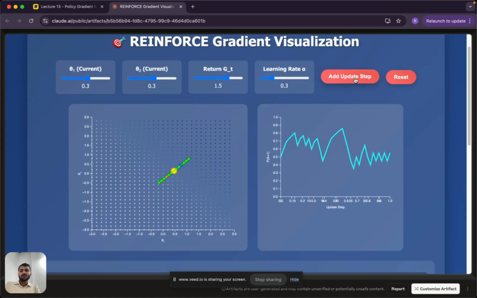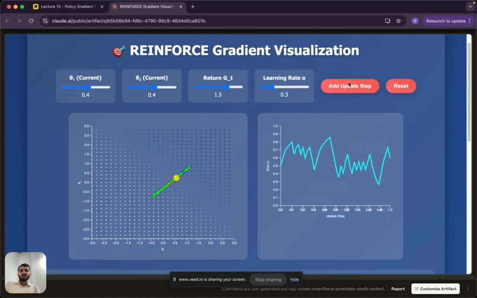Depending on the direction, the agent moves either up or down if the direction is positive or negative. So this is how the reinforce algorithm is used to calculate the policy parameters which maximize your performance.